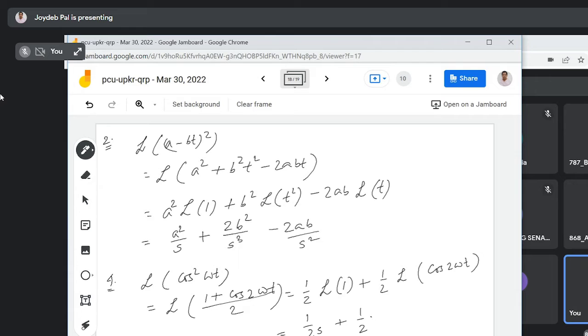If you know cos omega t, then what is the problem with cos 2 omega t? It is s divided by s square plus 4 omega square. Here our omega is now 2 omega, so s by s square plus (2 omega) whole square, that means 4 omega square.